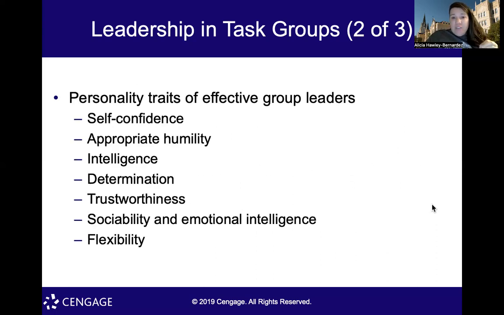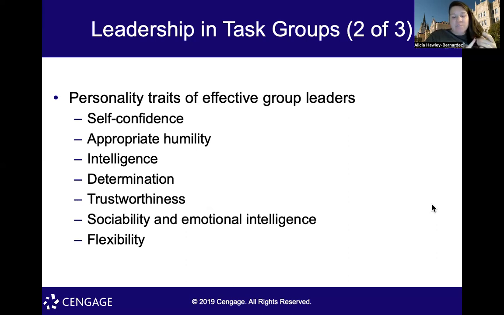Personality traits of effective group leaders. These are some of the things that have been found to be effective with group leaders: strong self-confidence, appropriate humility, and being able to recognize when they've made a mistake and say, I'm sorry, or recognize when they were in the wrong.